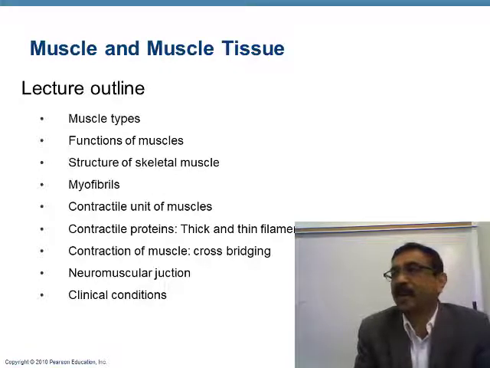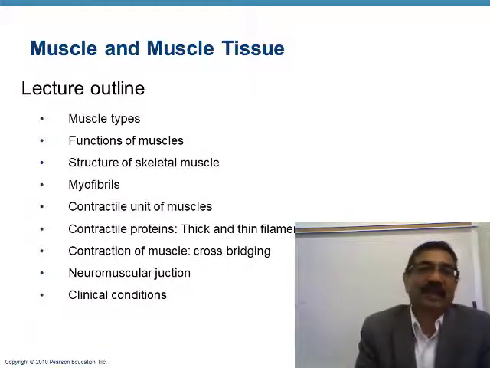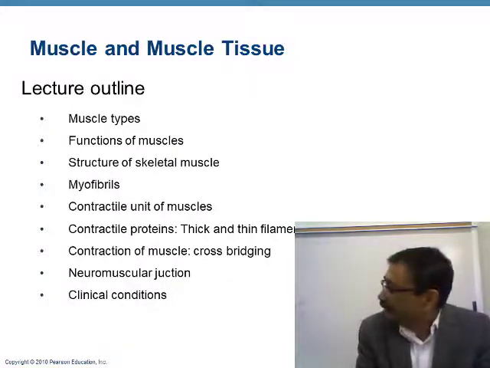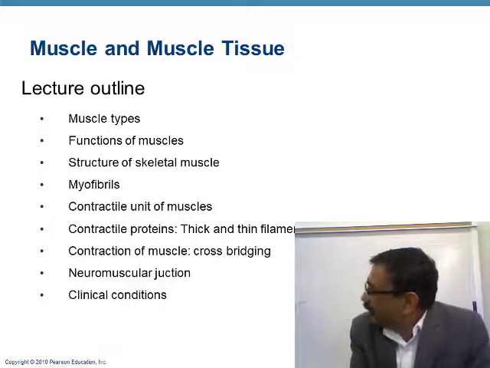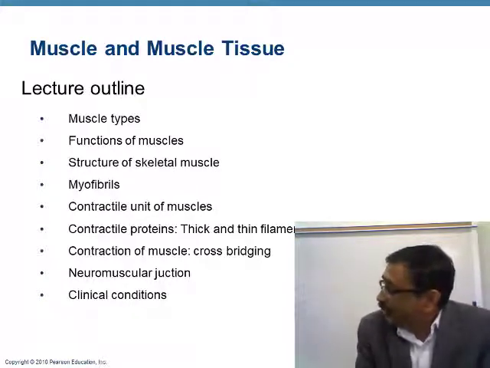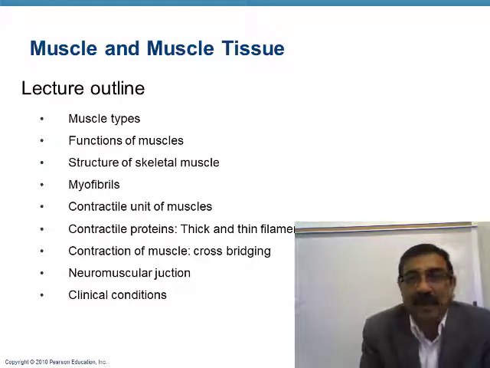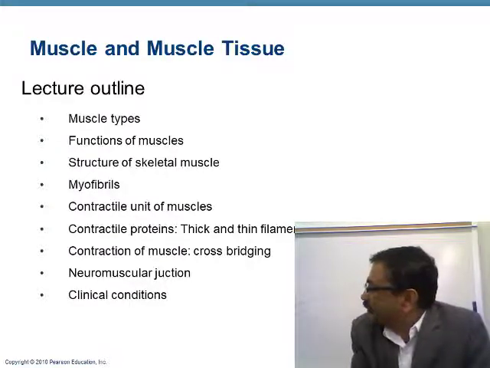Contraction of muscle fiber occurs. So we'll basically talk about that in this lecture. First, we'll see the functions of muscles. Then we'll talk about the structure of the skeletal muscle.